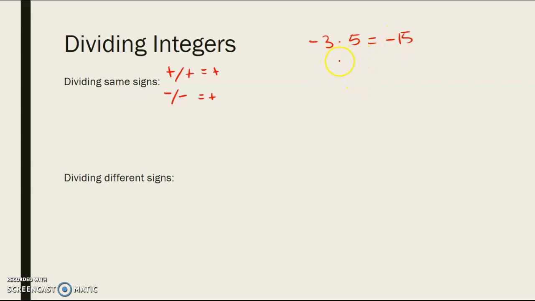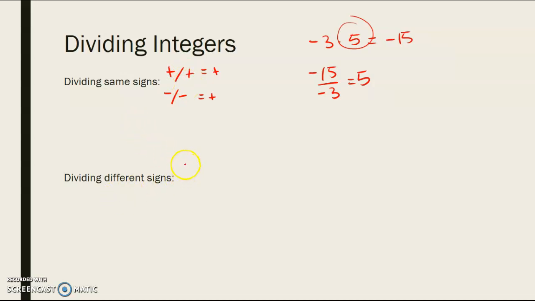We could also do 5 times negative 3 would equal negative 15. But then when we go to do the division, negative 15 divided by negative 3, what is left is this 5, right? And so negative divided by negative is positive. So that is an explanation as to why they have the same rules as multiplication.